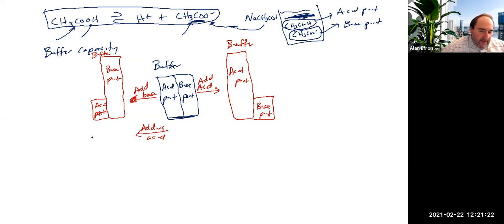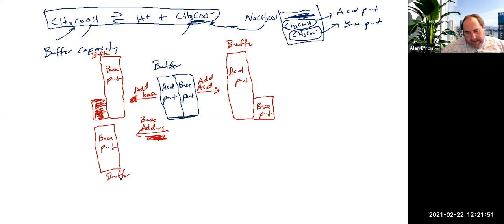what's going to happen? Well, if you kept adding acid to this, eventually you will continue to, I'm sorry, not adding acid, adding base, since we're going this way. So if we add more base to this guy, we'll continue to eat up the acid part of the buffer until at some point, there's no acid part left. All we will have left is the base part of the buffer.